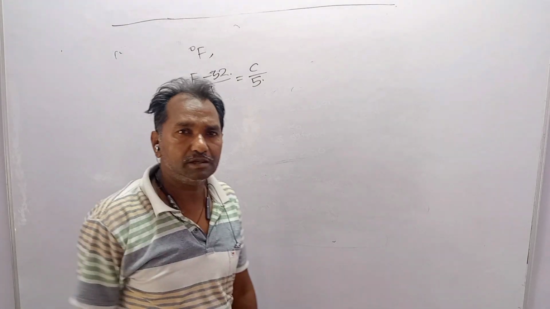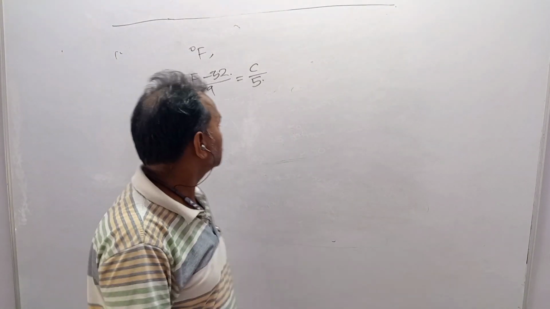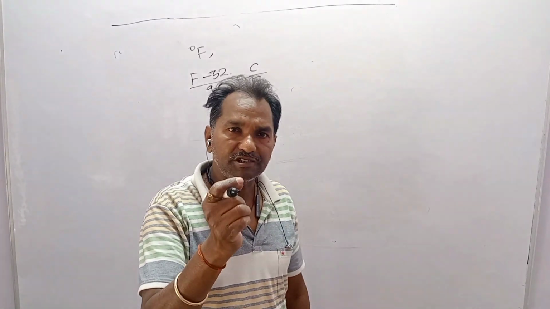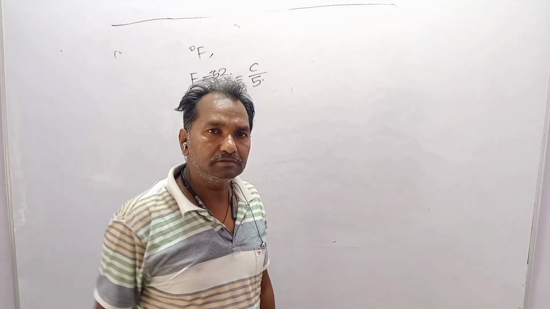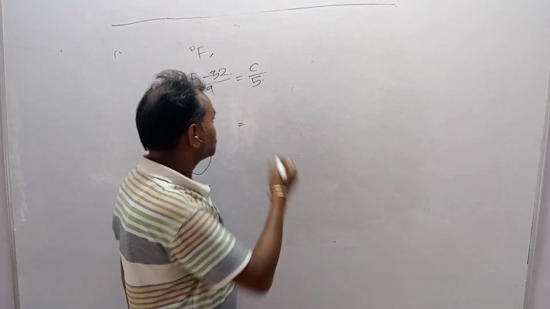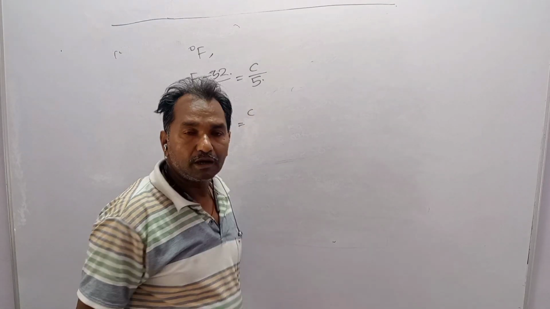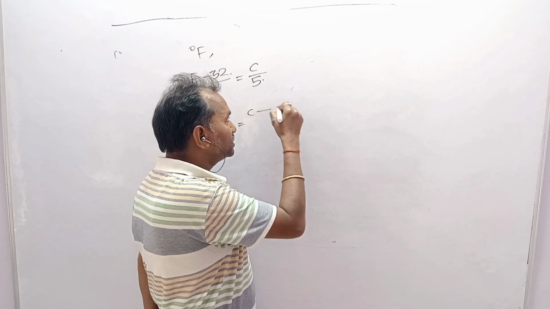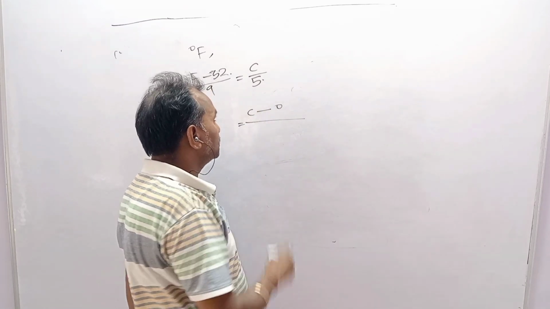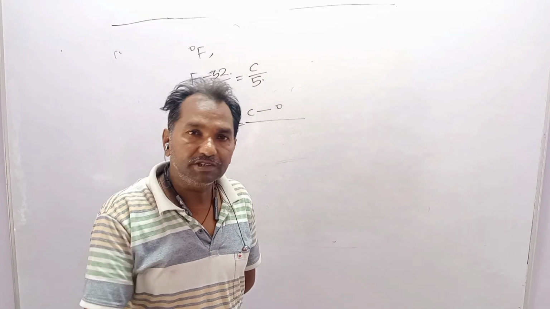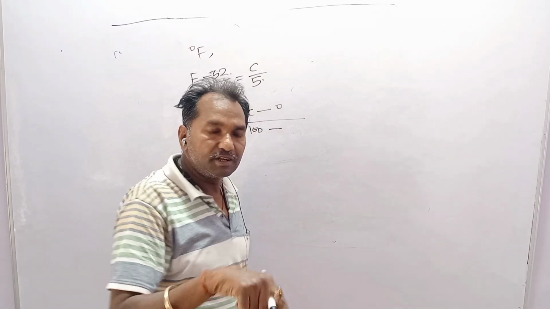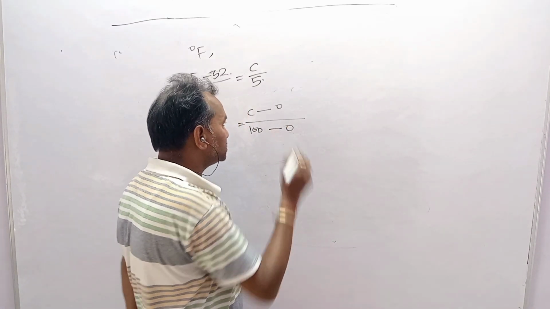You can prove this also; it's basic. Let the unknown temperature on the Celsius scale be C. What is the freezing point on the Celsius scale? Freezing point of water is 0. Now divided by the boiling point of water, 100, minus the freezing point of water, again 0.